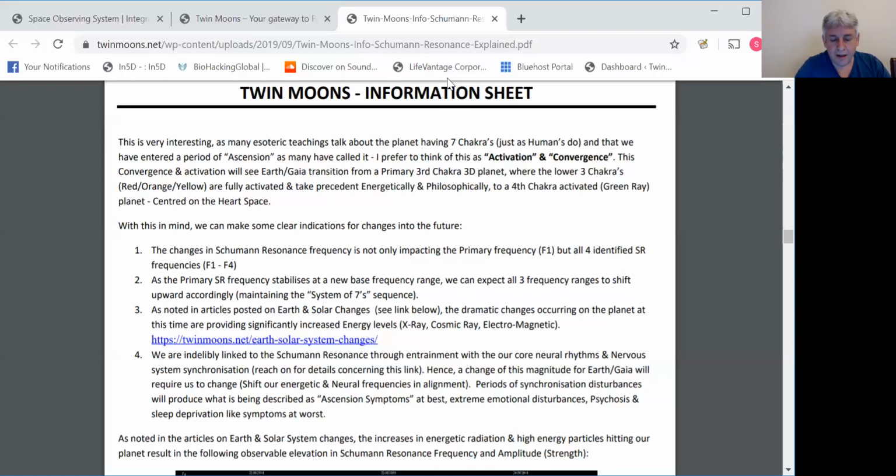If you have a look at the other paper that I published on Earth and solar changes, you'll see that we are in a period of heightened X-ray solar activity, cosmic ray and electromagnetic activity, particularly at a time when our electromagnetic envelope, basically our protective shield of the planet, is in a period of disruption as well, because those north and south magnetic poles are definitely moving. They're definitely shifting, as you would see in that paper.